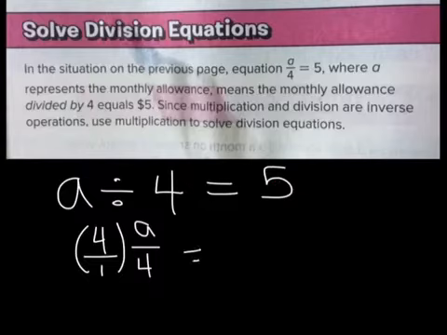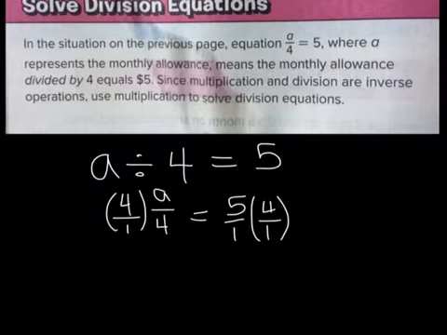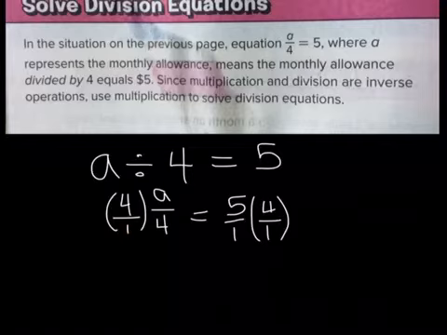So when we write the equal sign, this is going to be 5. Remember, the 5 is over 1, and it's just like multiplying fractions, so we write 4/1 there as well. Notice that I used the inverse of the expression, so in reality now I'm multiplying. And when I multiply, boys and girls, I can cross-reduce first to simplify. I cross out the 4s, and the 4s are gone.